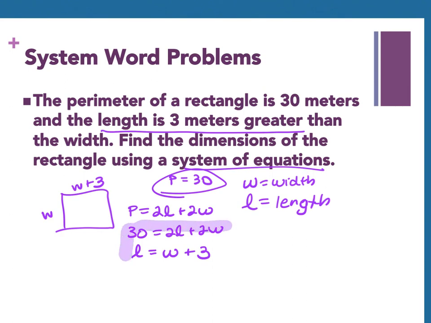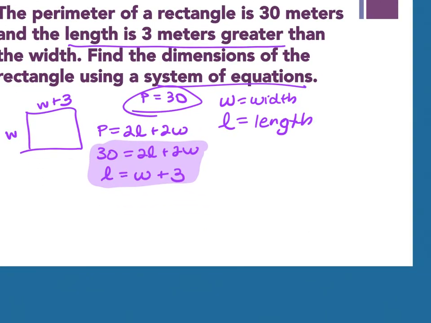Now I have a system of equations, which is easily solved using graphing or substitution? Substitution. L is already solved for, so I just plug it in for the L. So 30 equals twice the length plus twice the width.